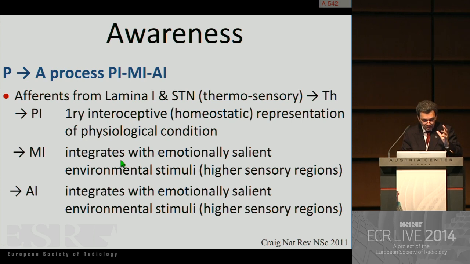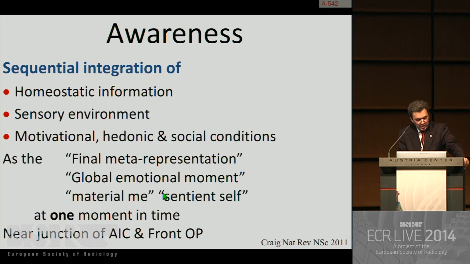That's inside, that's outside, and it's integrated together in the most anterior parts. This integration of homeostatic information, the outside sensory environment, together with other information, the social and motivational conditions, and so on, somehow comes together to give you what has been described, in different terms, as the global emotional moment, which is the moment that you feel now, the now being about 4 seconds.